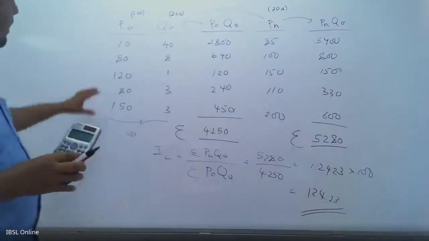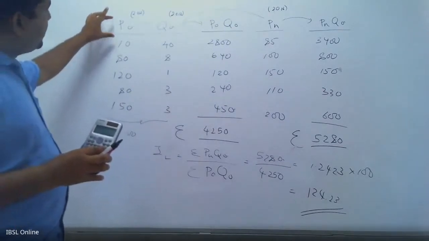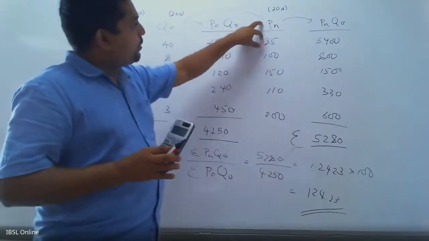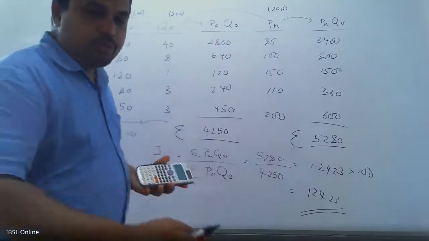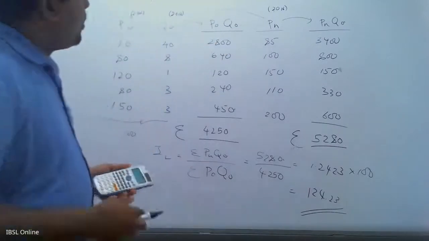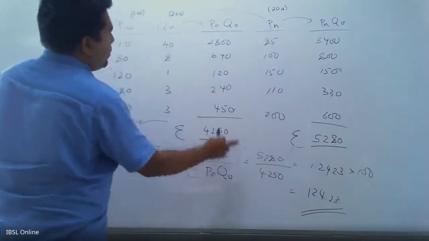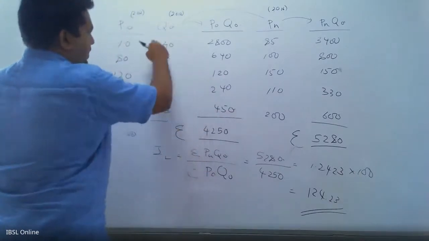I repeat, I had the prices of 2012 and I had the prices of 2016. Under the Laspeyres method, we don't change the quantity, rather we take the quantity of the base year 2012.